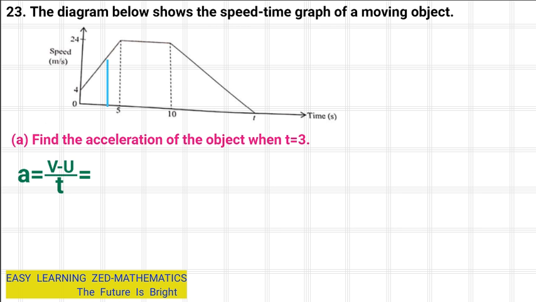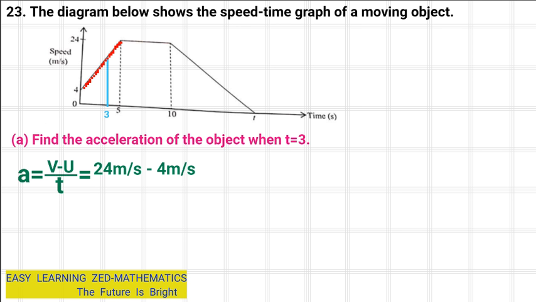So what I mean is, we said the final speed, velocity of the object, is 24. So I'm going to subtract 4 from 24 because the initial velocity is 4 and the final velocity is 24.